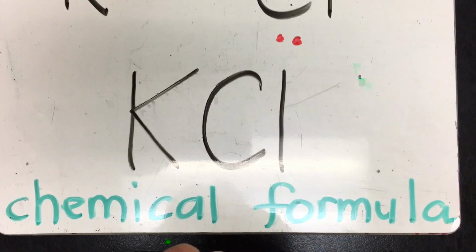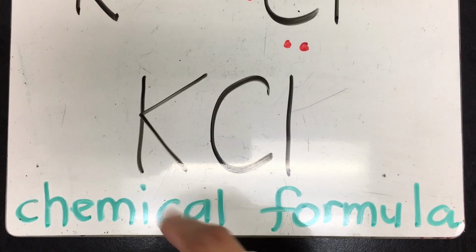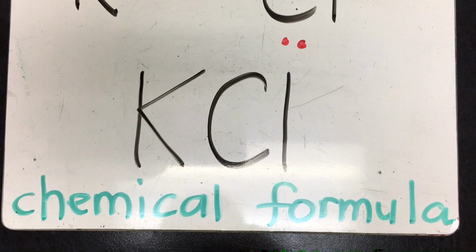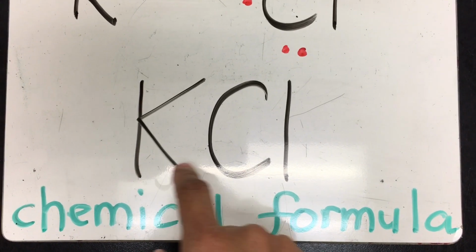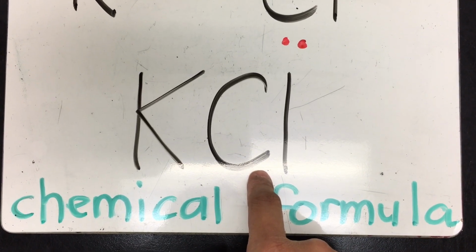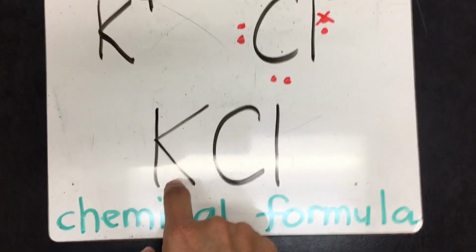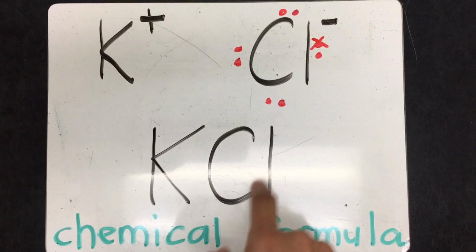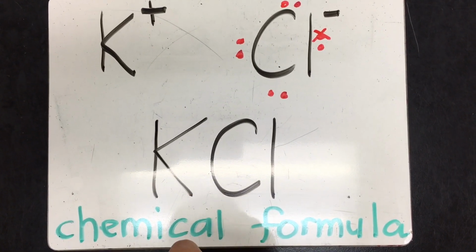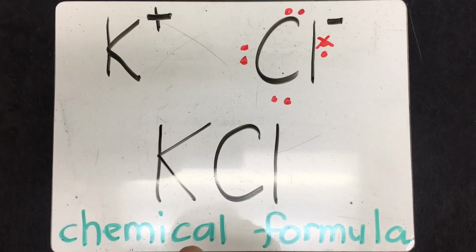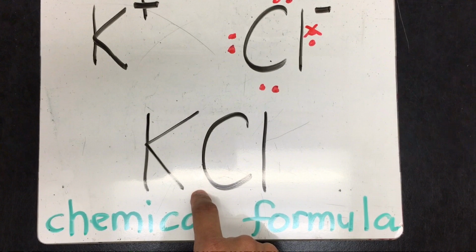Now take note, the chemical formula will show you the elements present in the compound, and the metal is written first followed by the nonmetal, or it can be said that it's the cation first, the positive, and then the second one is the anion, the negative. In terms of quantity, the subscripts will tell you; the subscripts are the numbers after the symbol of every element.